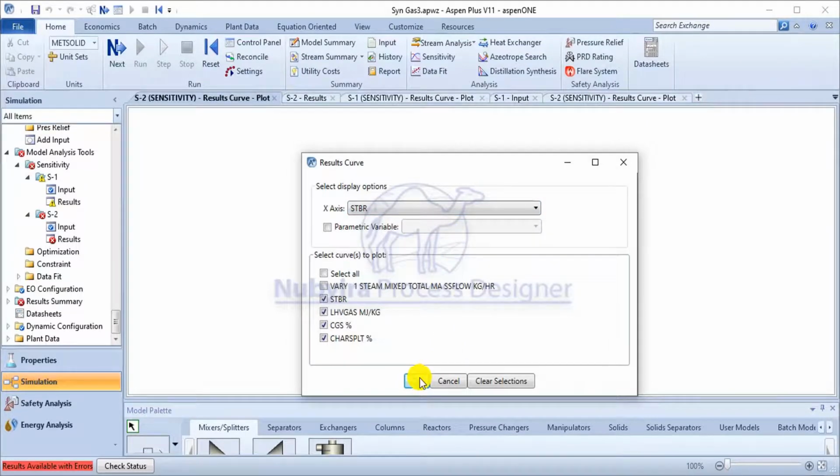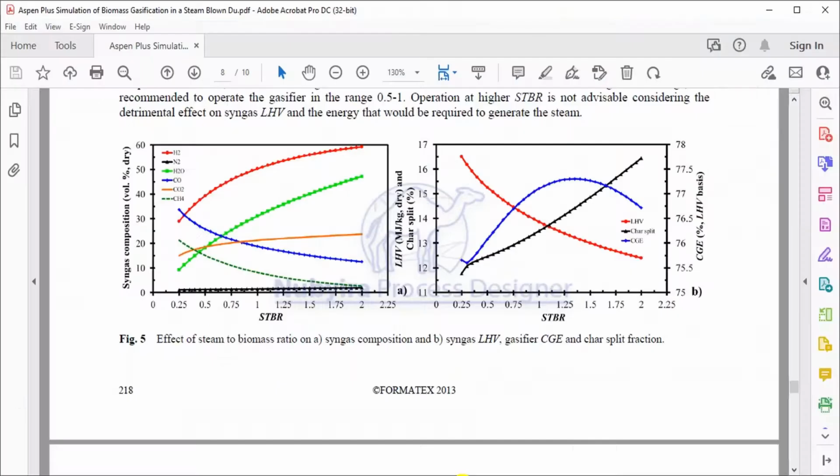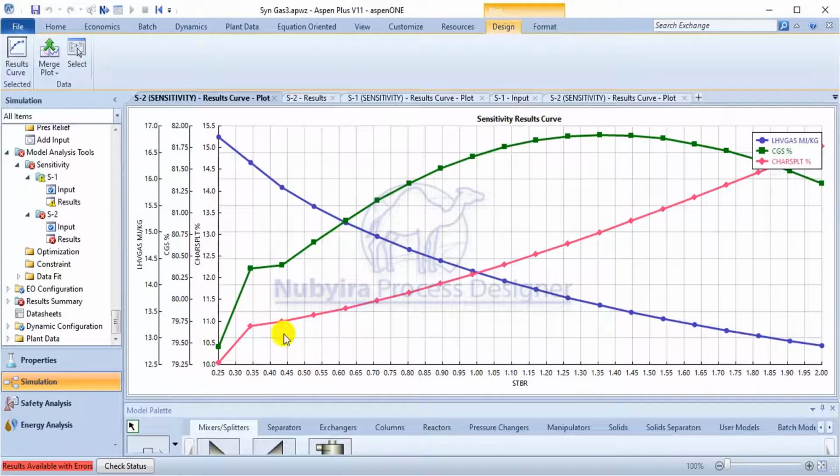Let's remove this steam to boiler ratio. I think this one is also like this, you can see, except this one that is moving away from the pattern. Just this point here, just this case study here.